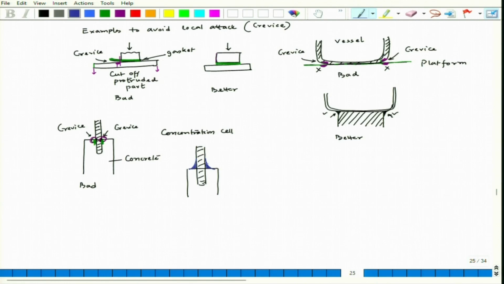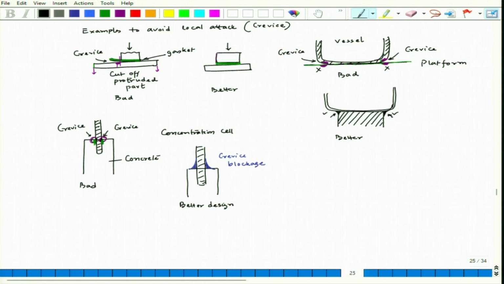So, what happens? You have actually blocked the crevice. So, you can avoid this. So, this is a better design. Fine.